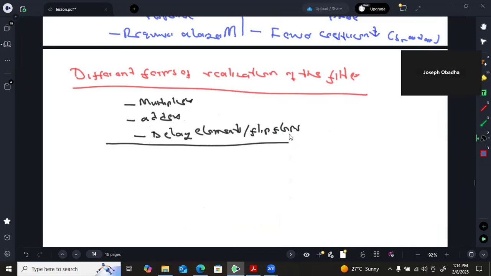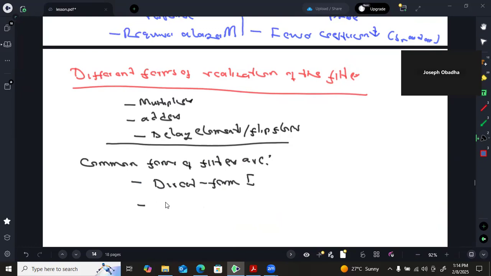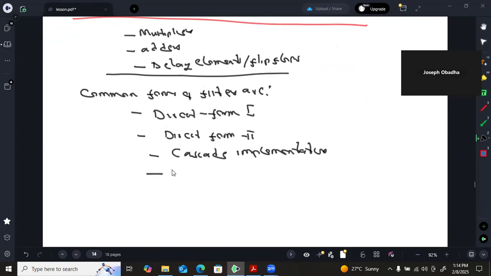In realizing the filters, the common forms are what we call direct form 1, direct form 2, the cascade implementation, and the parallel implementation.